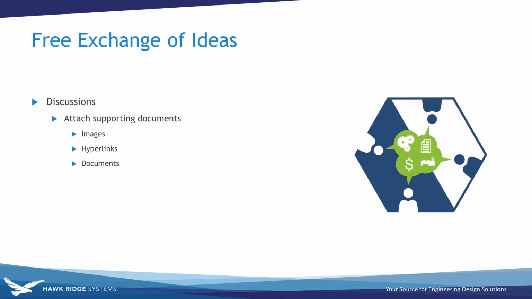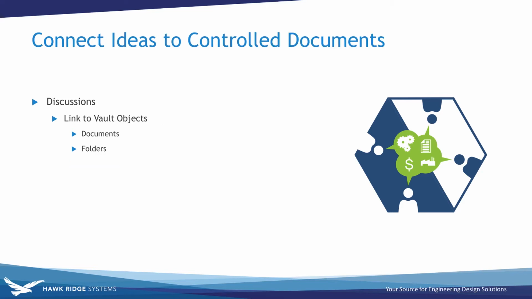For example, I'm walking through the shop and I see a potential area of failure on a design, and I take a picture of it on my phone, and I want to put that in there as something to track against potential changes. So we can attach images and documents and hyperlink to various sources to clarify our ideas again, but in the context of our designs. And those can be, of course, then linked back to the vault object, so we can see any discussions that are happening around a specific document, whether it's an assembly or a folder or any other document within our vault.